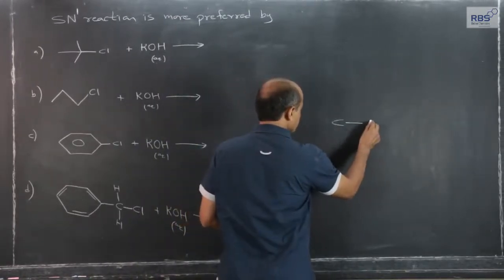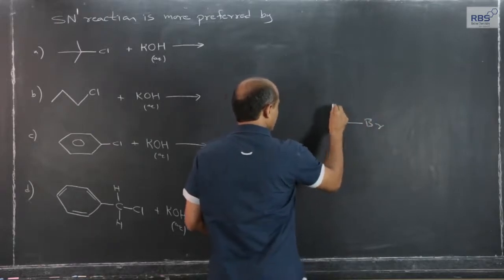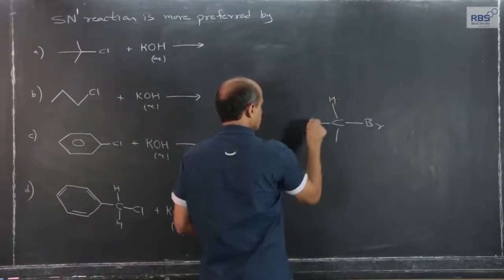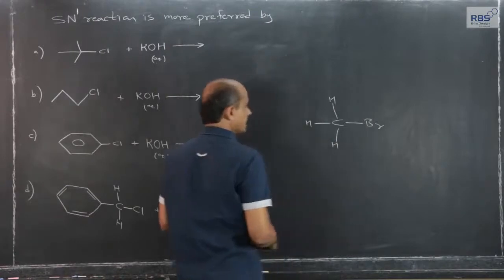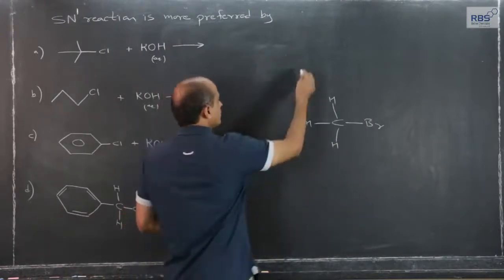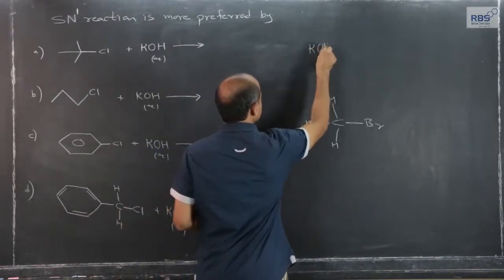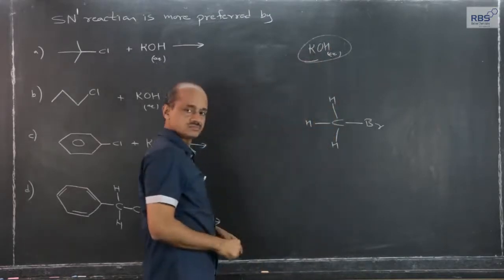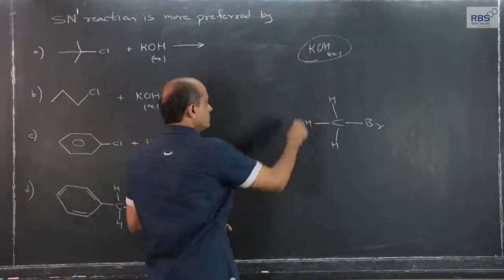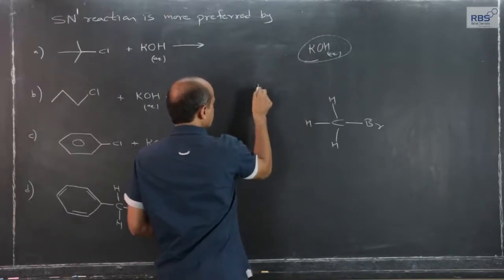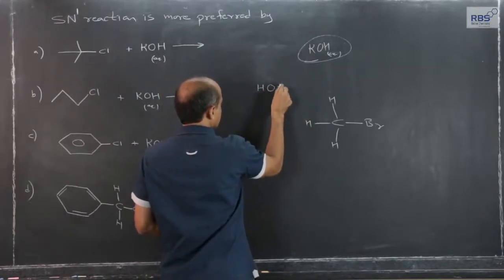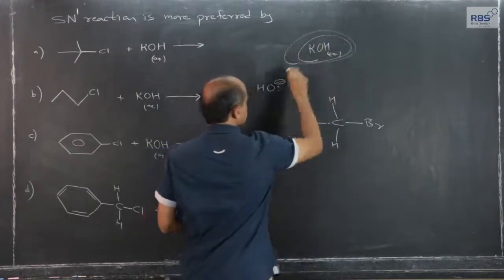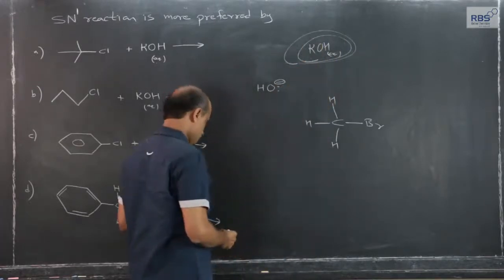If we consider an example like methyl bromide, ethyl bromide, and the action of aqueous solution of KOH on it, boiling is also a condition. Free OH minus ions from this KOH, it can be NaOH also.